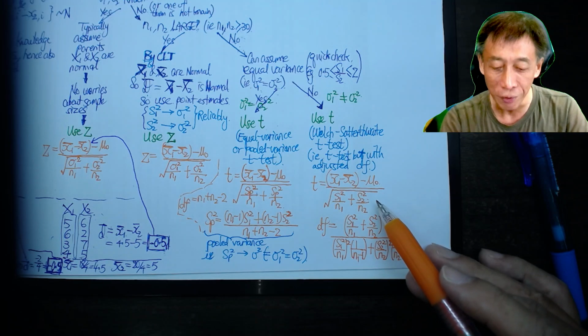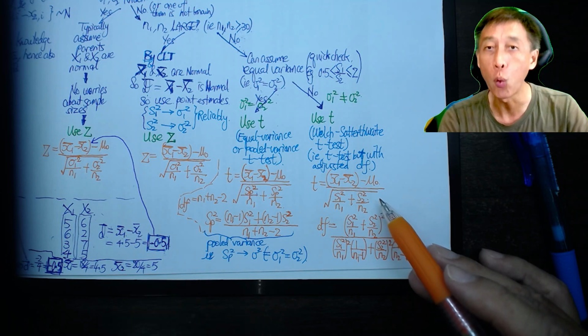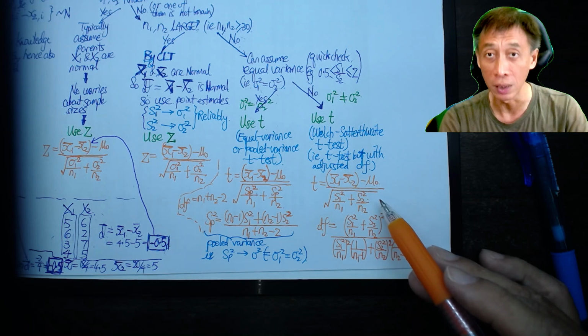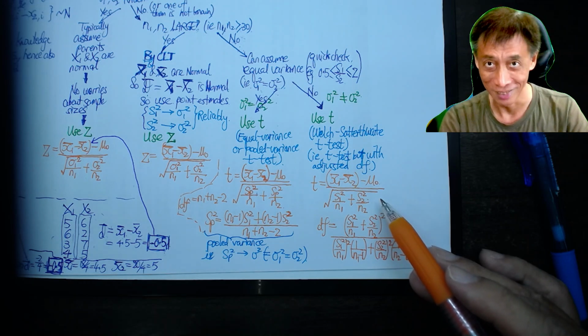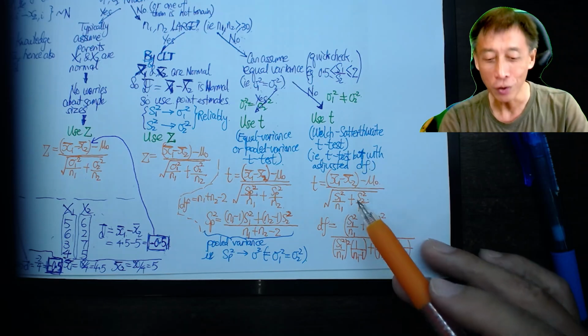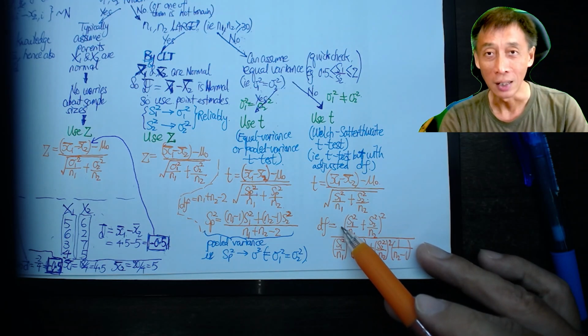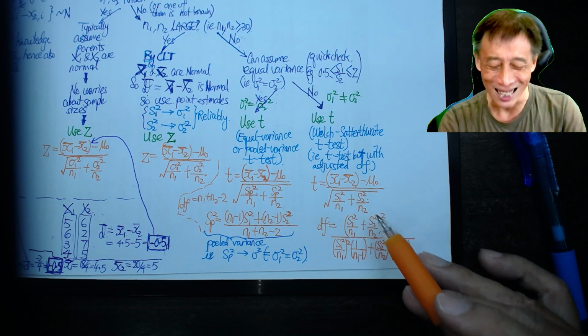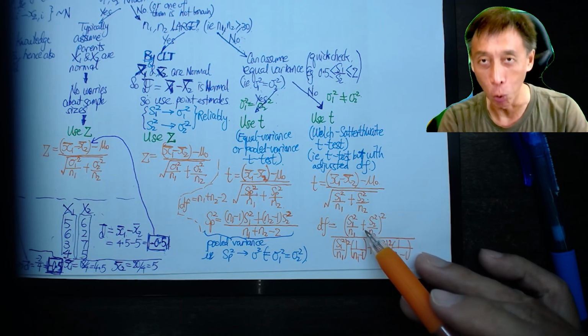So it's as if, even though you have done 12 measurements, N1 is 5, N2 is 7, you have done 12 surveys. The effort is a lot, right? 12 units of effort. The Welch adjustment of the DF says, no, because the effort is not big enough, you should treat it as if your effort is 5.9 only.